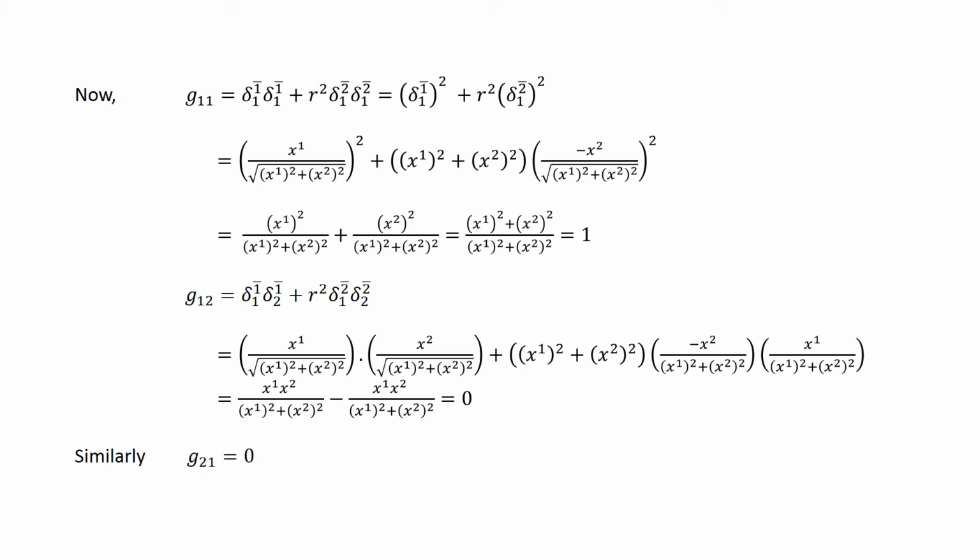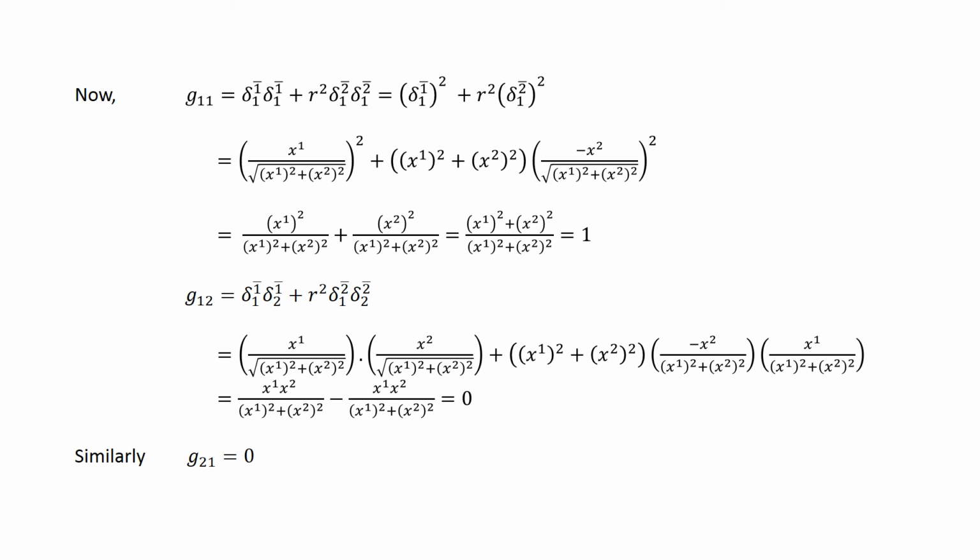Guys, all these terms we had found previously using the partial derivatives of the given terms. Now in the second last step we multiply the first term with the second, and we get x1 x2 over x1 square plus x2 square, as the denominator in both terms is the same, and the square root vanishes when we multiply both terms.